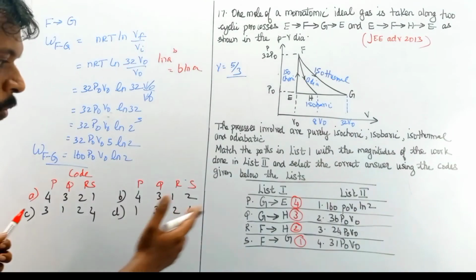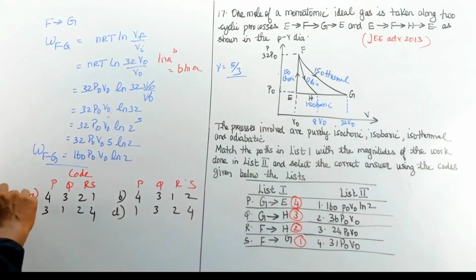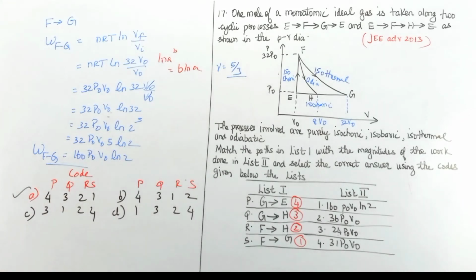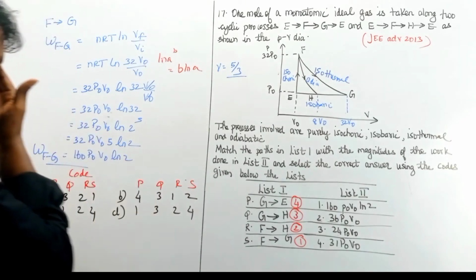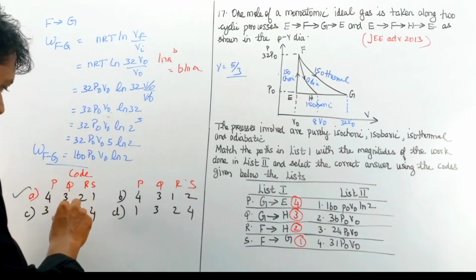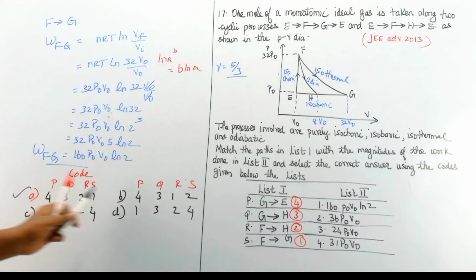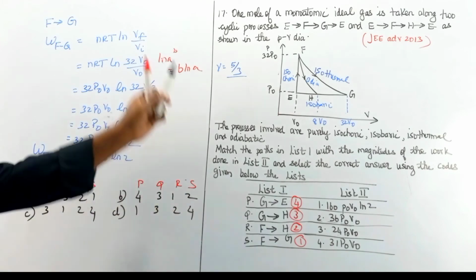So when you see 4, 3, 2, 1, option A is the right answer. Okay, whether it is visible? Yes. So from this code, this is the code R and S. So from this we can see option A is the right answer for this problem.